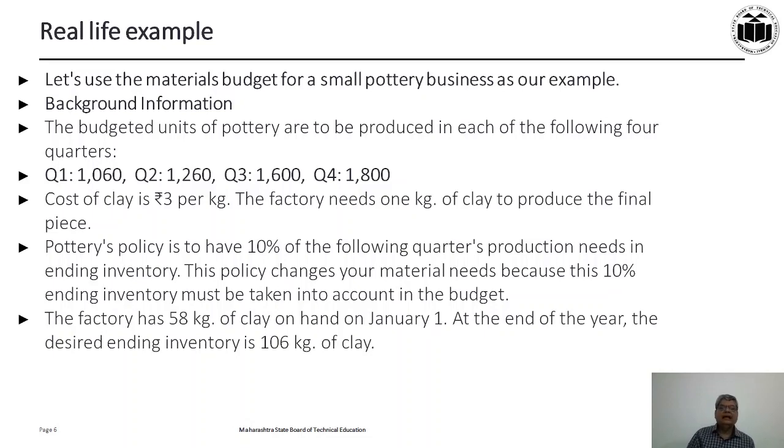Now the factory has 58 kg of clay on hand on January 1. So this budgeting is done for all 4 quarters of that year, from January 1st to December 31st. And at the end of the year, the desired ending inventory is 106 kg of clay. Very simple to understand, because the production level of the first quarter is 1060, so 106 is 10% of that.